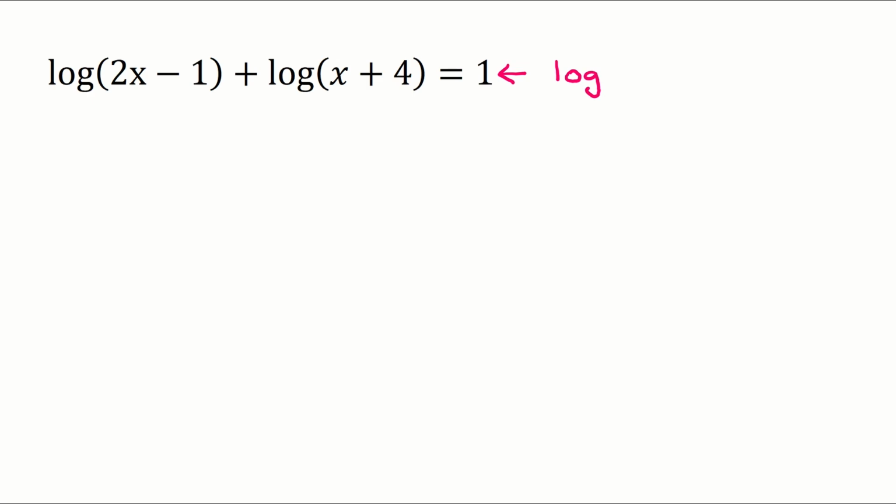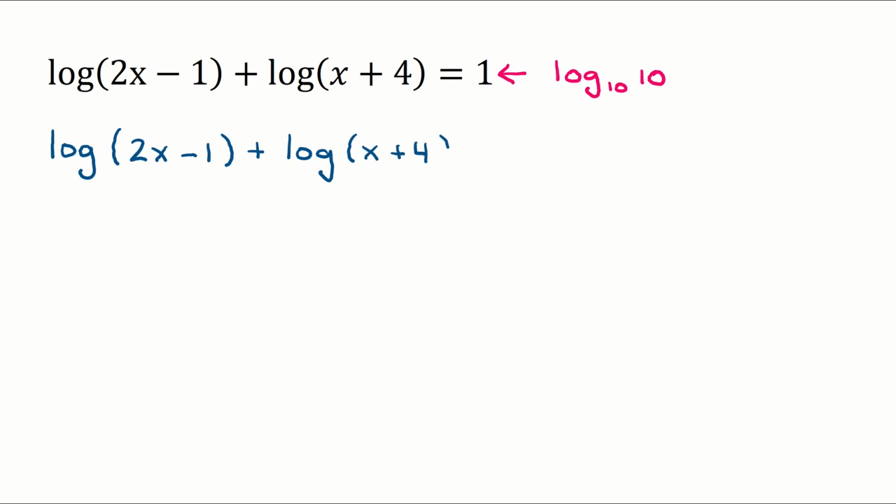So in this case, you don't see a base, which means the base is 10. And log 10 is equal to 1. So we're going to start by rewriting this as log of 2x minus 1 plus log of x plus 4 is equal to log of 10.